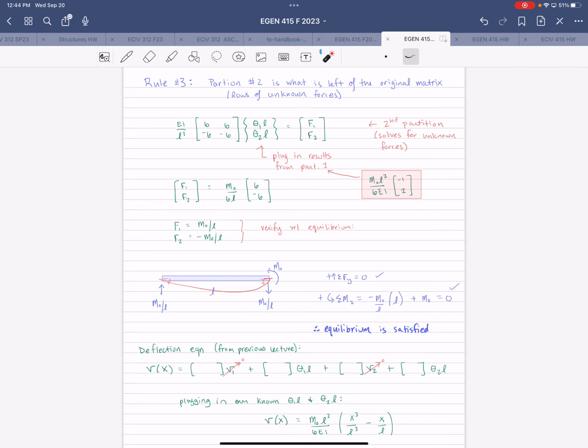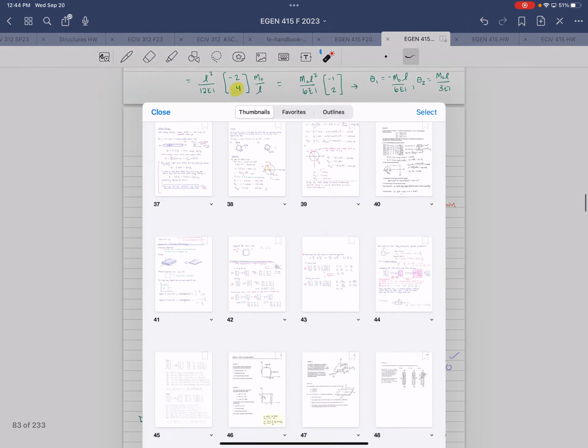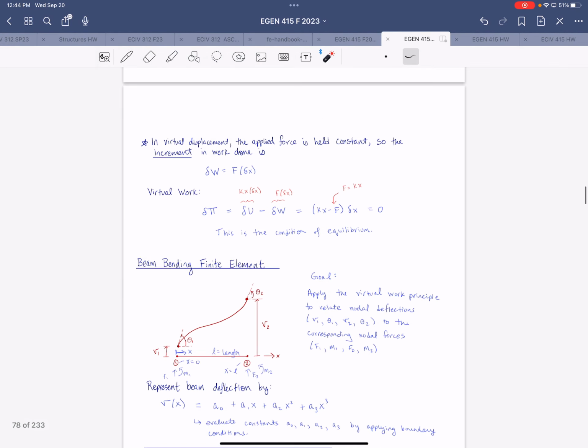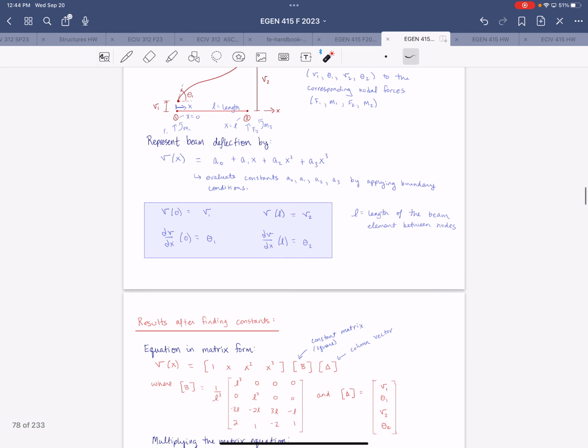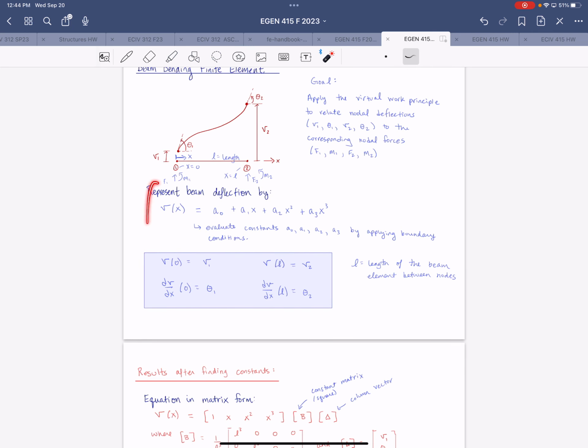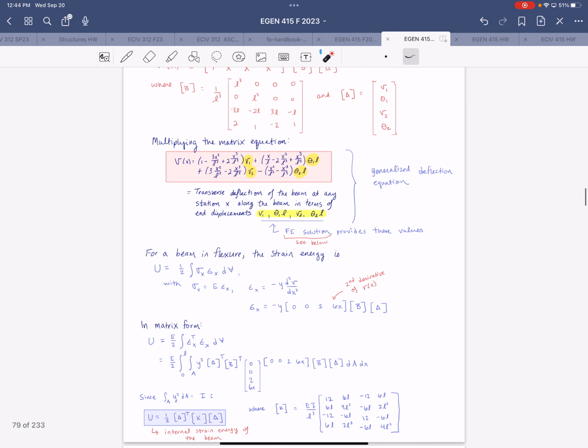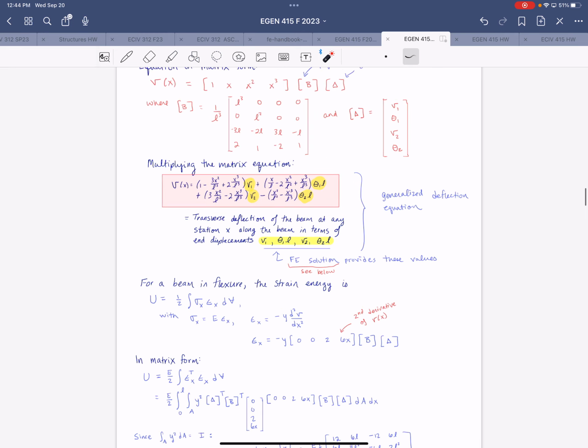Okay. And that comes from, so the way we derived it in this class, right, it came from the general strain energy and virtual work application, where we just started with this general polynomial assumption of a deflected shape. Since we know it's going to look something like this, that fits a polynomial curve. And so then applying the boundary conditions, solving for those constants, we got here, and then that gave us that general expression for deflection.